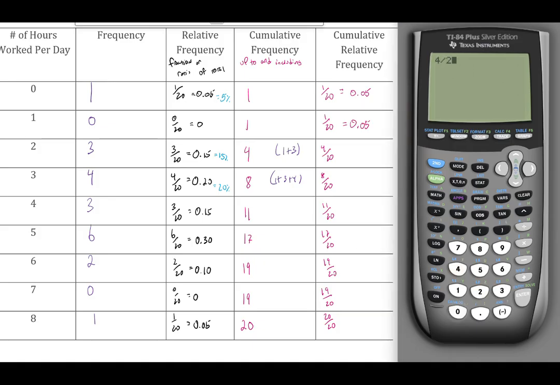Again, 4 divided by 20 would be 0.2. 8 divided by 20 would be 0.4. 11 divided by 20 would be 0.55.